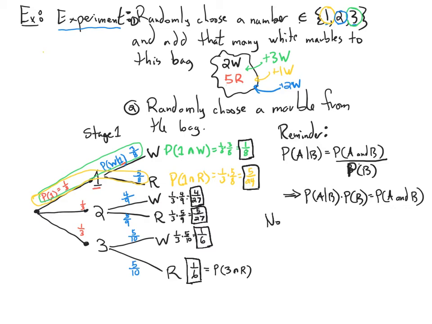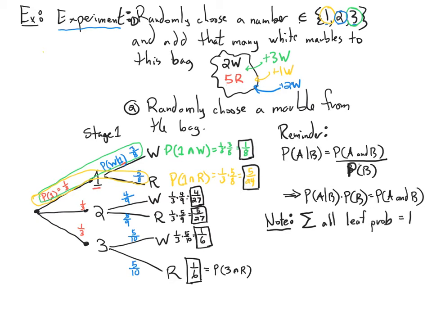So note the sum, and we'll use this Greek letter sigma to mean the sum of all leaf probabilities. Remember, the leaves are at the end of the branches, so they're right at the end. So the sum of all the leaf probabilities equals 1.